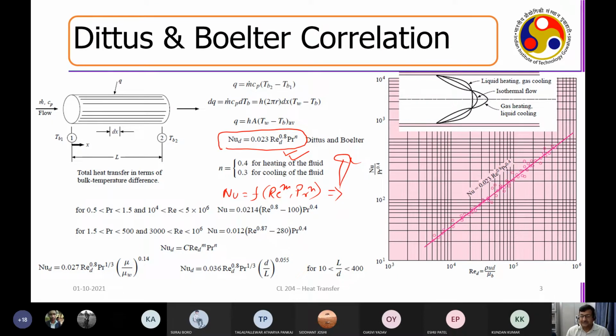So if you really summarize heat transfer very well, one of the parameters which is very complicated to calculate is h, the heat transfer coefficient, and the other parameter which is very difficult to calculate is the friction factor, which you are already studying in fluid mechanics. So these are the two engineering parameters associated with the flow.